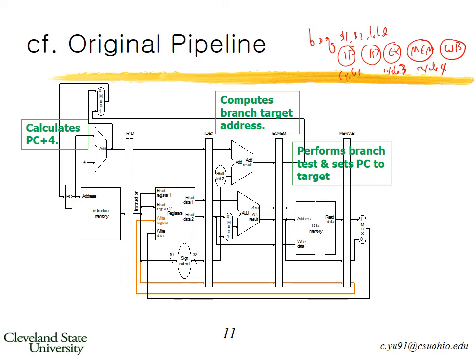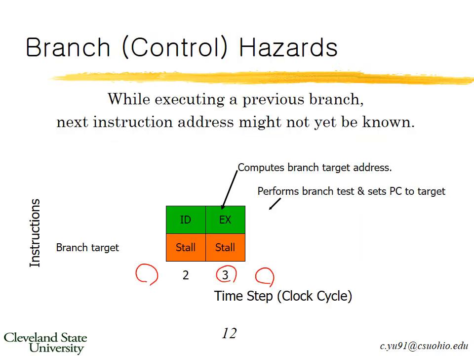And when the branch instruction moves to the memory stage in cycle 4, it sets the program counter value to the target, so that it jumps to the target memory address. So in cycle 1, calculating PC plus 4; in cycle 3, computing the target address; in cycle 4, it sets the program counter to the correct target memory address.